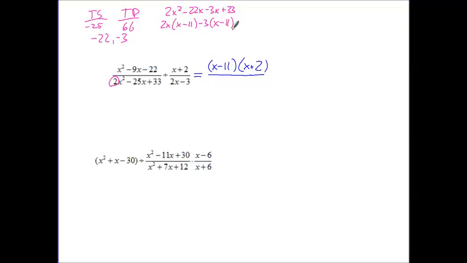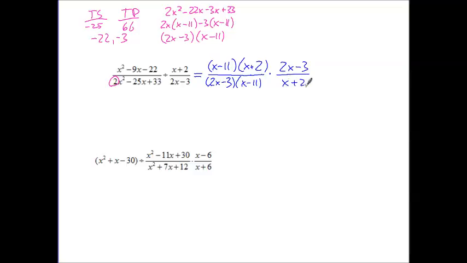Remember, the two negatives turn the 33 positive. So our two factors are 2x minus 3 times x minus 11. And that is exactly what goes into our denominator. 2x minus 3 times x minus 11. And that gets multiplied by the reciprocal of the original second fraction, 2x minus 3 divided by x plus 2.